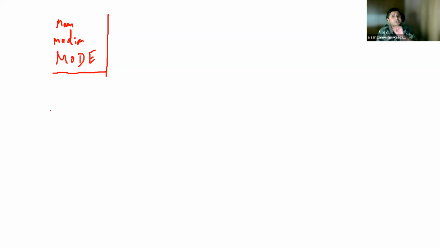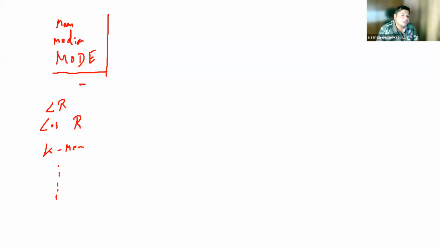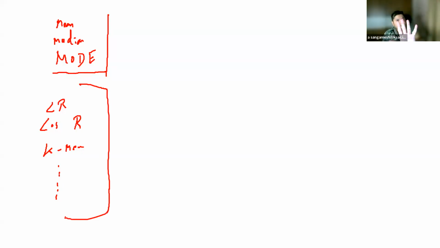Whenever you have a machine learning algorithm, let's assume there are a lot of machine learning algorithms. There is linear regression, there is logistic regression, there is k-means, and so on. They are all different, like your fingers.